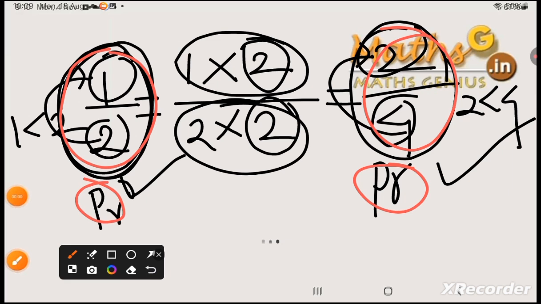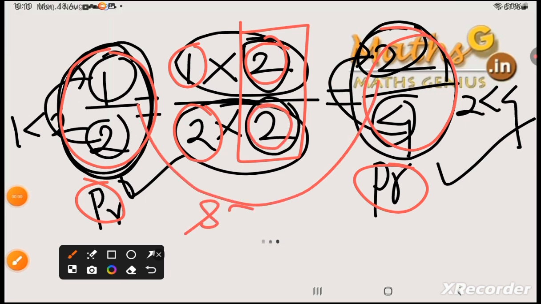That is one way we were discussing. Now let me tell you, because we got these two fractions only by multiplying the numerator and the denominator with the same number, these two fractions are the same by value.